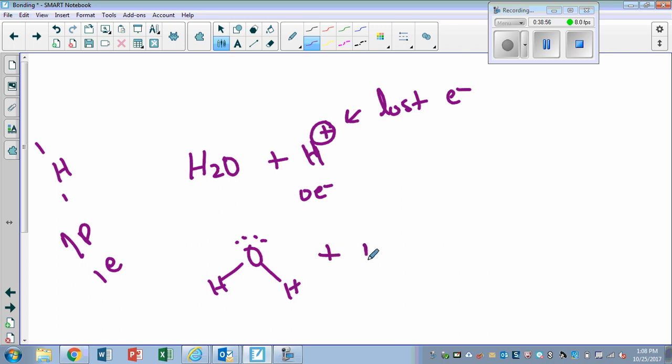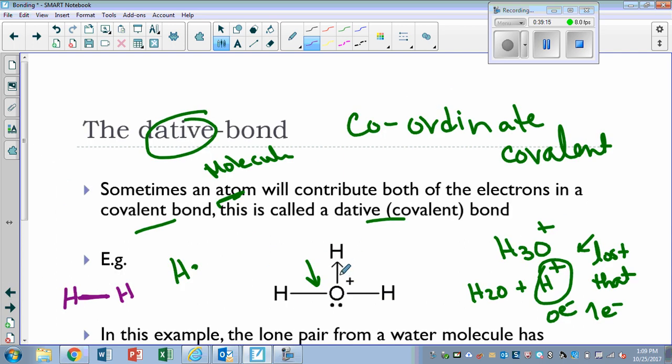If I add another hydrogen ion to it, oxygen will say, okay, I'm going to share a pair with you. I'm going to share my whole pair with you, and usually we show it as an arrow. The arrow shows that oxygen is sharing both of its electrons with hydrogen, and that gives oxygen a positive ion.